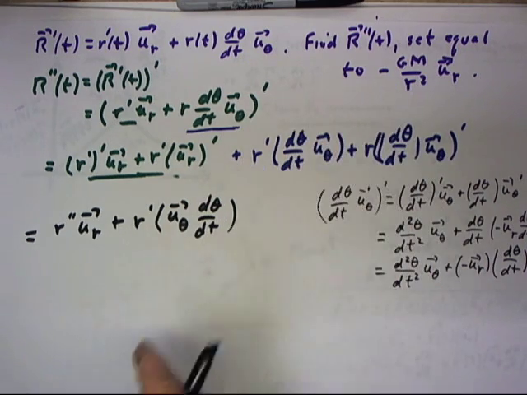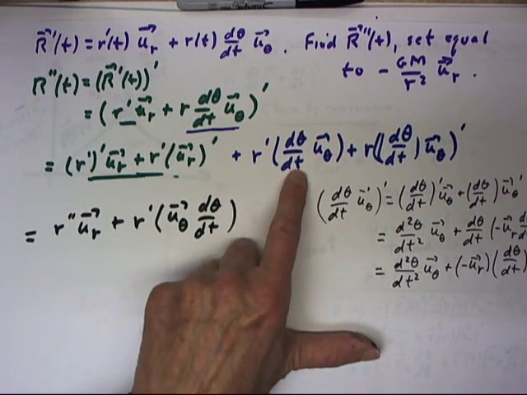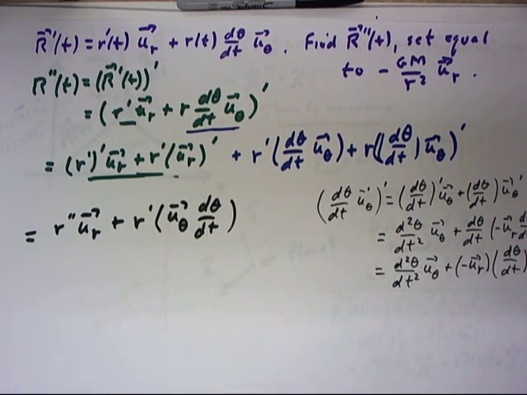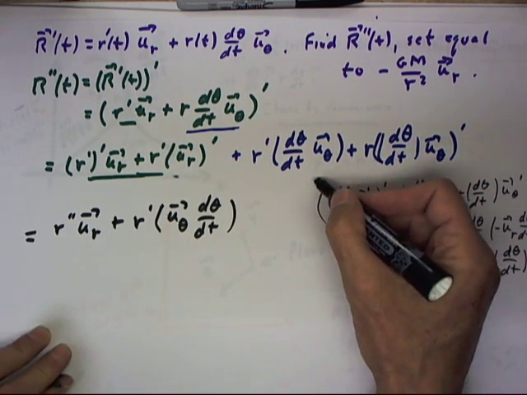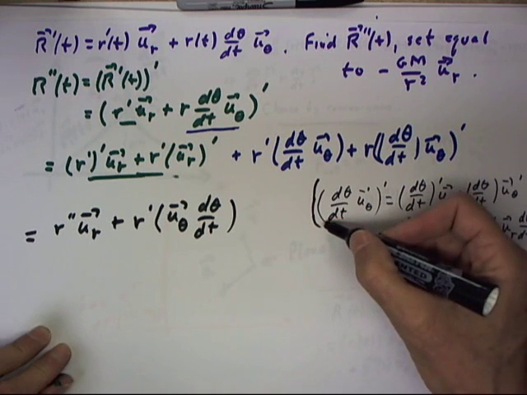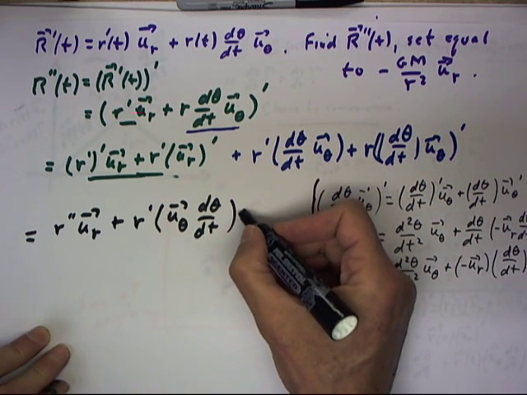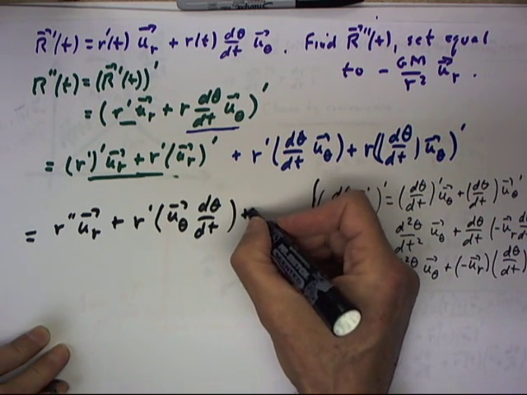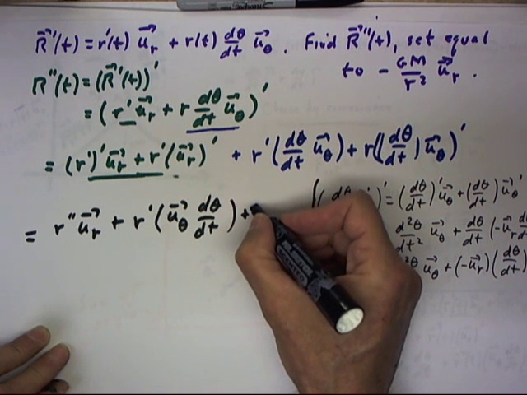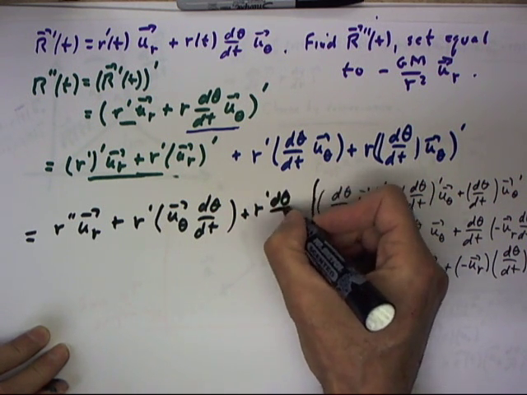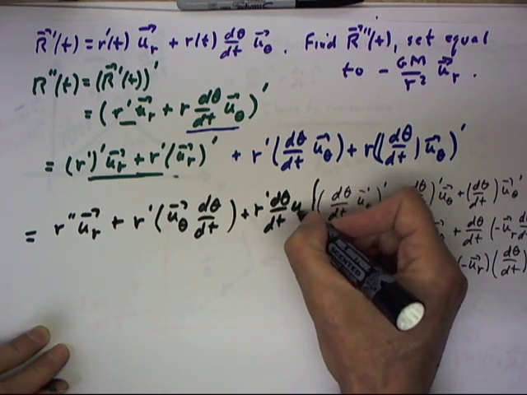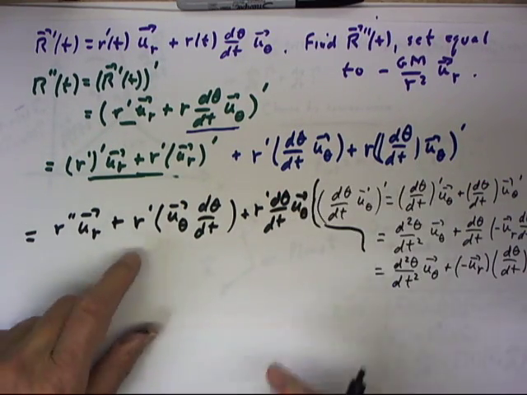And we have this term, which is okay as it is. I don't think I have room to squeeze that in here, but I'm not going to let that prevent me from trying. Okay, so that's going to be, I write my letters a little bit narrow, r prime d theta dt u sub theta.